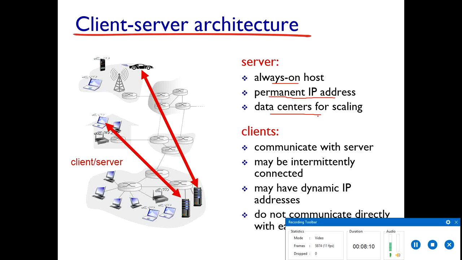Because the server has a fixed IP address and is always on, a client can always contact the server by sending a request packet to the server's address. Some of the well-known applications with the client-server architecture are web, FTP, telnet, and email.